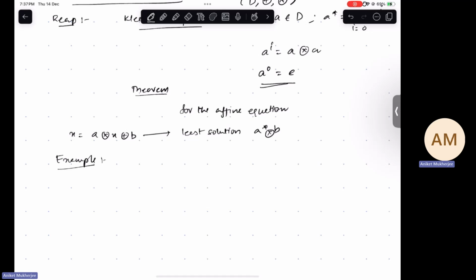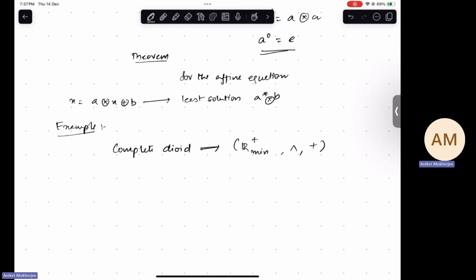So let us take the complete dioid, R min plus, with the min operator and addition operator. So this is a complete dioid.